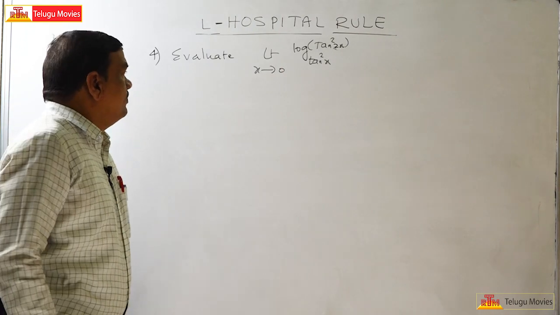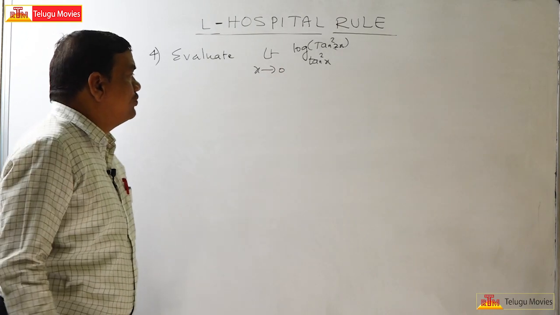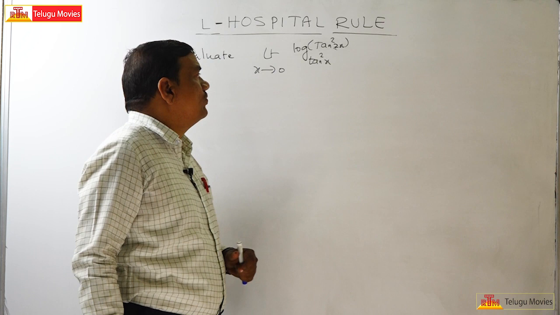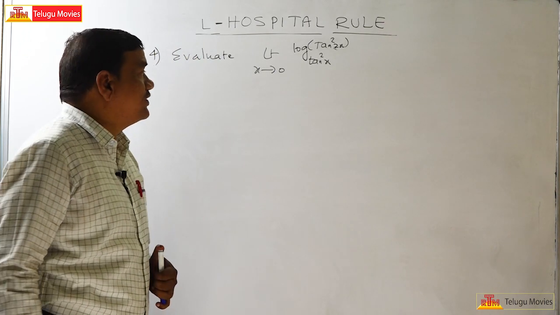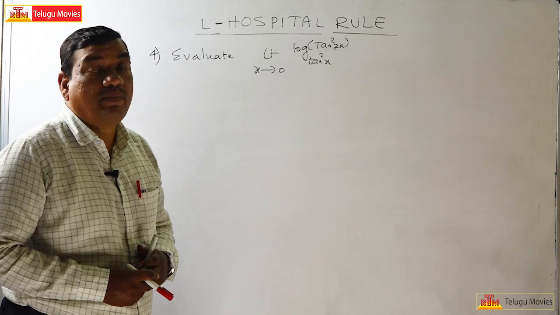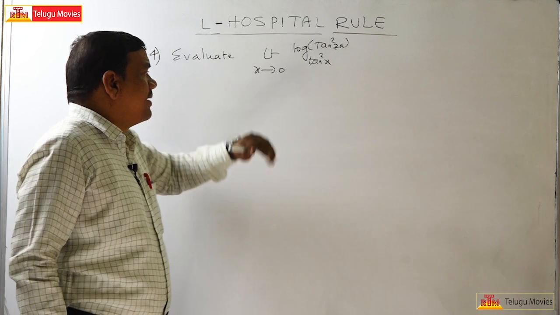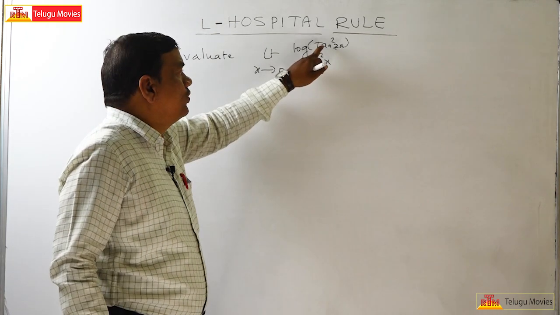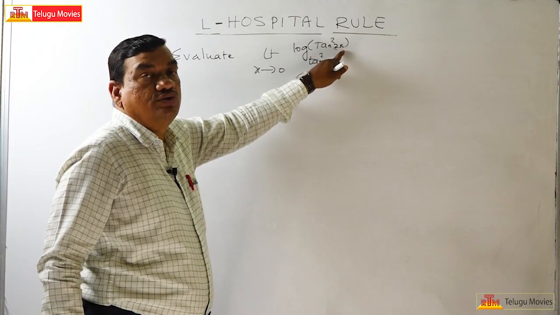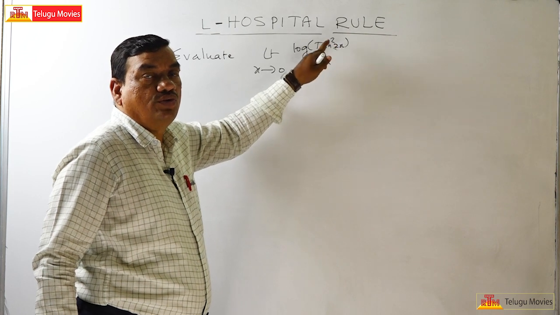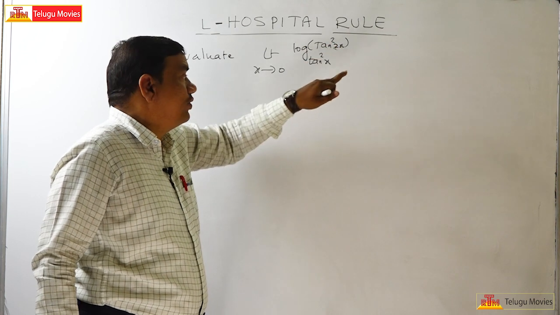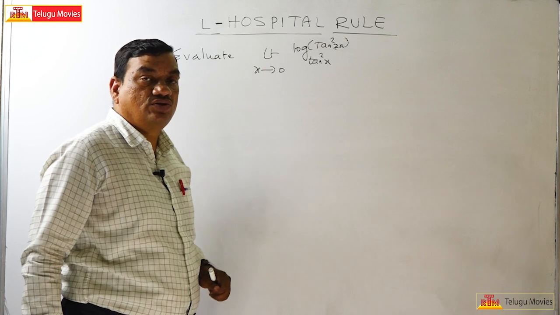Welcome to this problem. Evaluate the limit as x tends to 0 of log of tan square 2x to the base tan square x. As x approaches 0, tan square 2x approaches 0, and the base value is also 0.